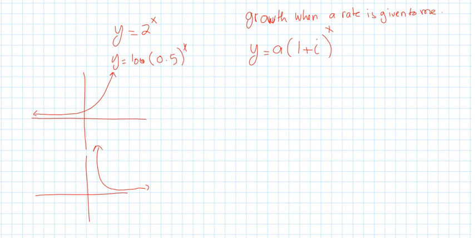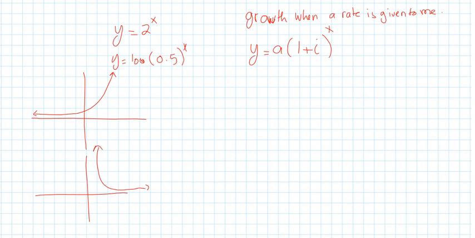Okay, so let's look at an example here. Let's say I'm putting money in the bank. I'm putting $500 in the bank right now, and it's going to grow at a rate of 2%.